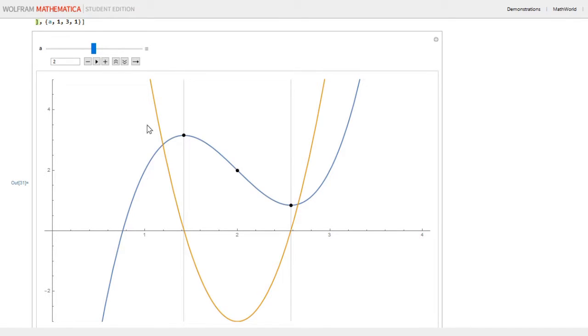My first derivative goes from positive, I'm above the x-axis, to negative. And this corresponds to the function being increasing and then starting to decrease. So maxima occur where the function is increasing and then switches to being decreasing.